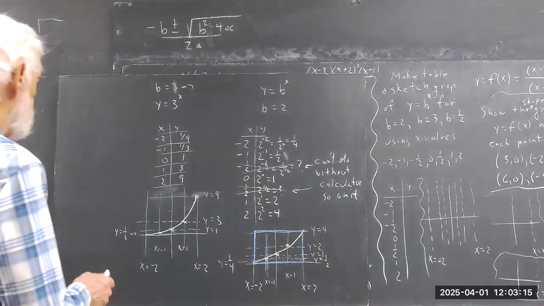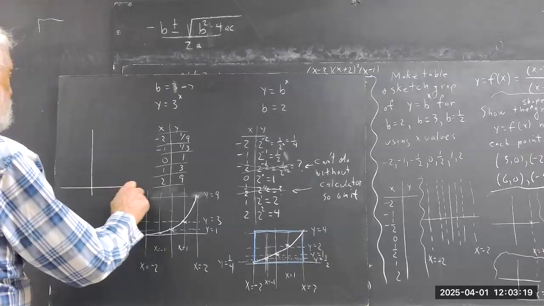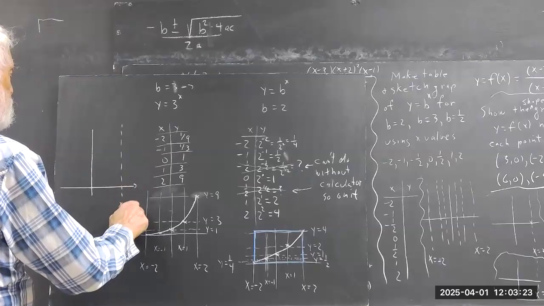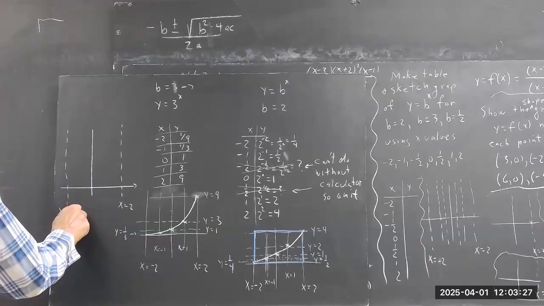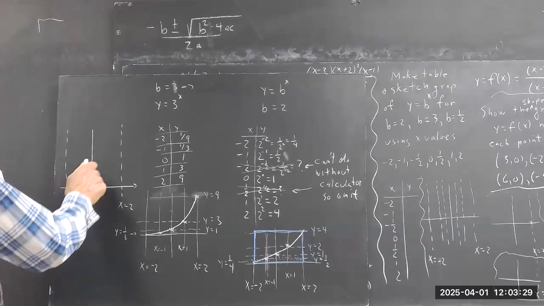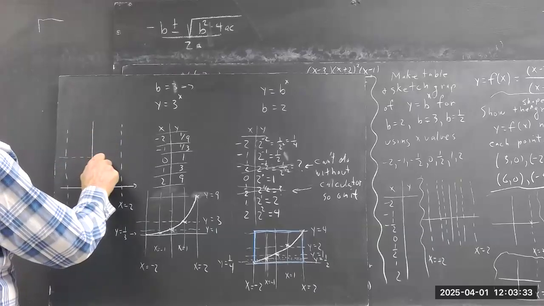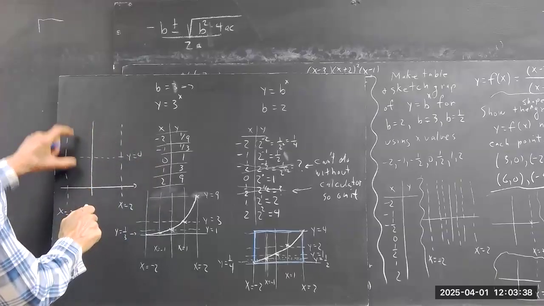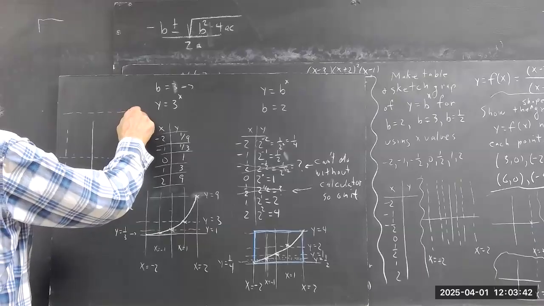Well, let's just look at what this tells us, because there's a very important function that we can talk about starting right now. Here's x equals 2. Here's x equals -2. I'm going to put y equals 4 here. And then y equals 9 is a little more than twice that far from the x-axis.